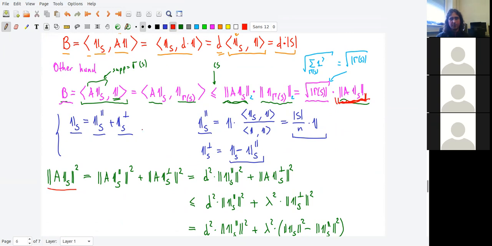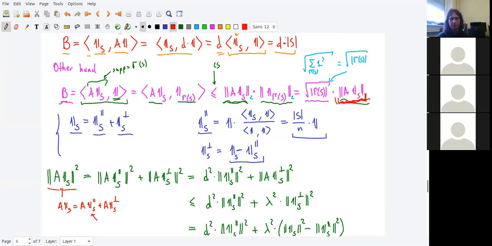First of all, A applied to 1 on S is the same as A applied to the parallel part plus A applied to the perpendicular part.